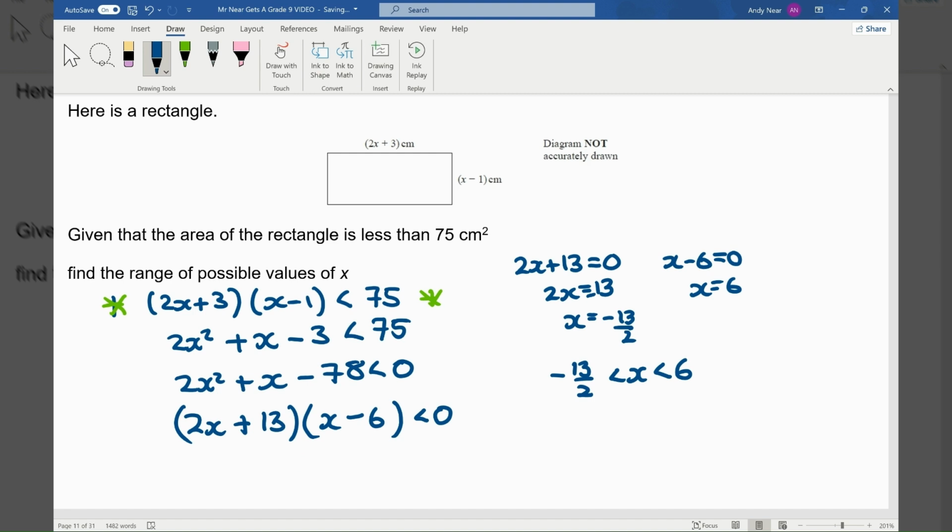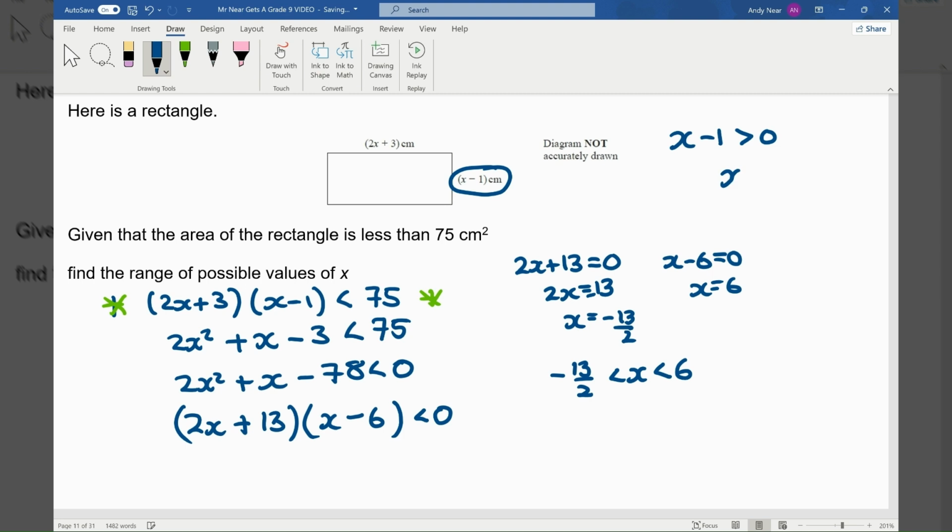Now, there's two little tricks here. Firstly, x is a value that is a length, and you can't have negative lengths. So this minus is going to cause an issue. But a little bit more than that. This here, x minus 1, is a length, and so x minus 1 must be positive. If it's not positive, then the height of the rectangle isn't positive. It's either 0 or negative, and we have a problem.